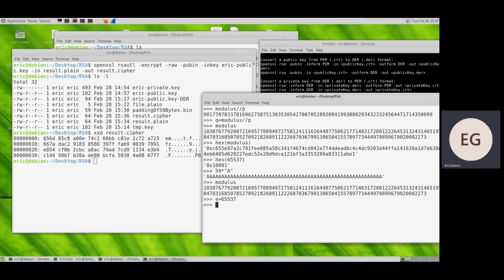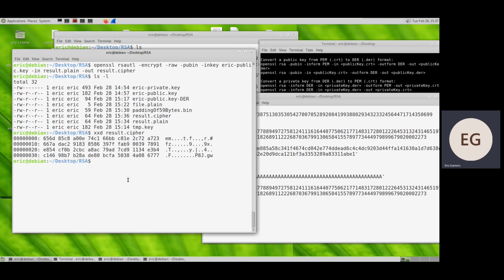So now we should be able to encrypt hello with the public key of Eric. Do you remember the formula that we need to use? Let's say that M is the plaintext. So we are going to put hello. How do I put hello here? Hello is an integer. So let me show you.